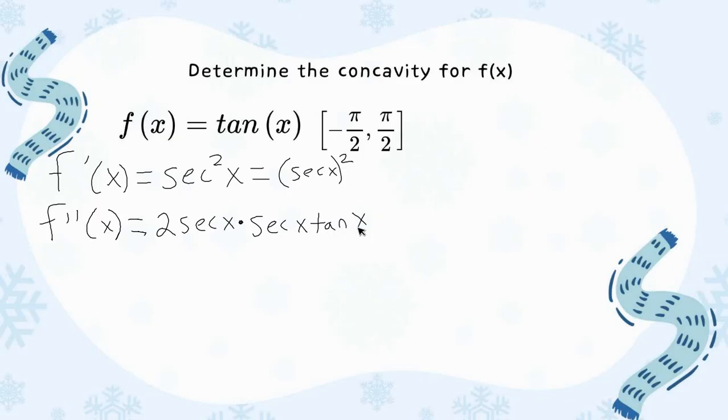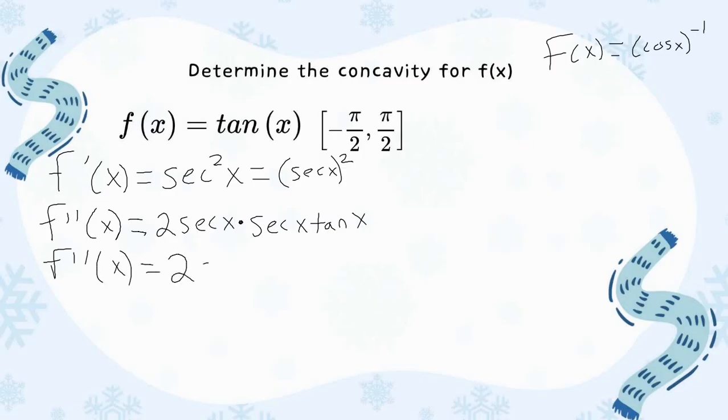If you wanted to go through all of the steps, you could say secant is also 1 over cosine, so you could list this as cosine of x to the negative first, and use the chain rule on that, and then you get this. Are we okay with that? Or you just remember that it's secant tangent.